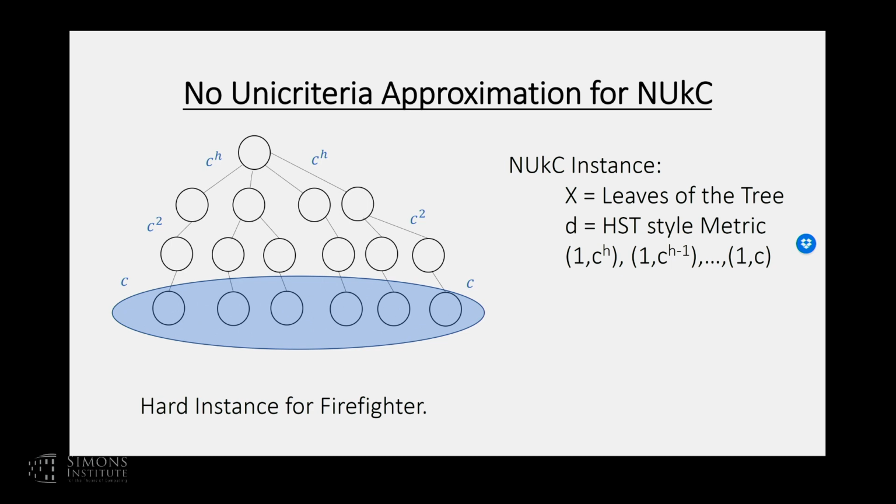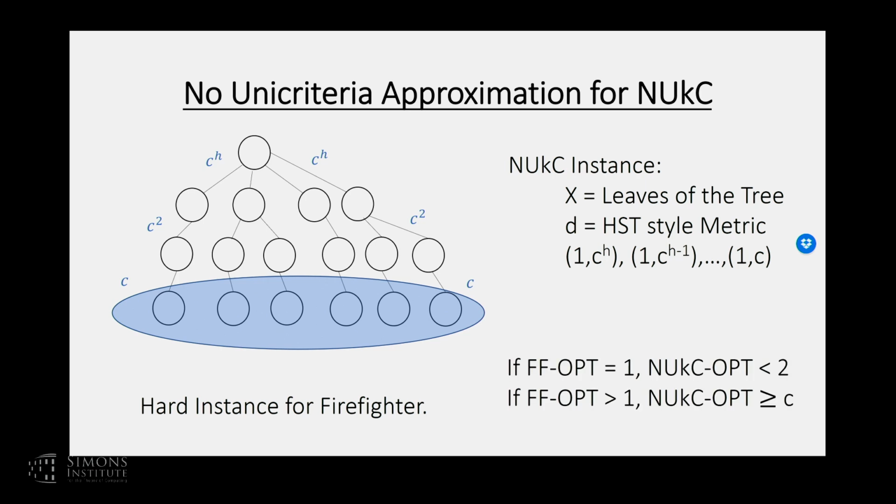So I have 1 ball of radius c^h, 1 ball of radius c^(h-1), all the way to 1 ball of radius c. Right? And now you can convince yourself that if there was a way to put 1 node at each level to make all the leaves survive, you'll basically put a ball of that radius in that place in the metric space and save all the subtree leaves.